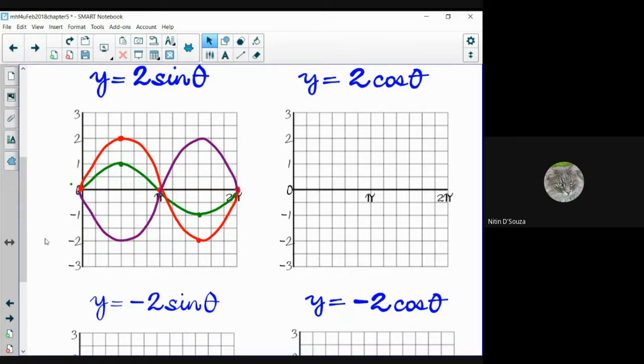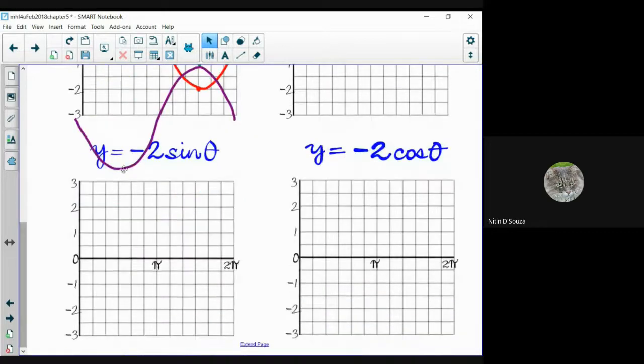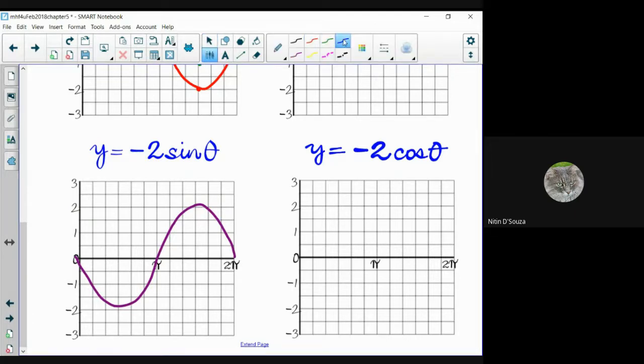You get it? So let's look at how that would work, okay? So I'm going to take this graph that I kind of already know the answer to, and I'm going to show you how I get that answer from here. For sine, my base value is 0. If I multiply 0 by -2, I get 0. For sine, my maximum value is 1.